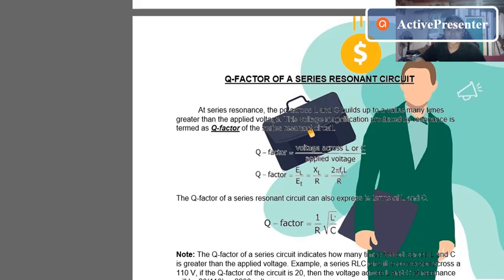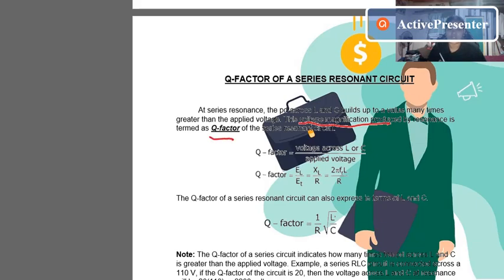This voltage magnification produced by resonance is termed the Q factor of the series resonant circuit. So the voltage that is magnified in our circuit is called the Q factor.